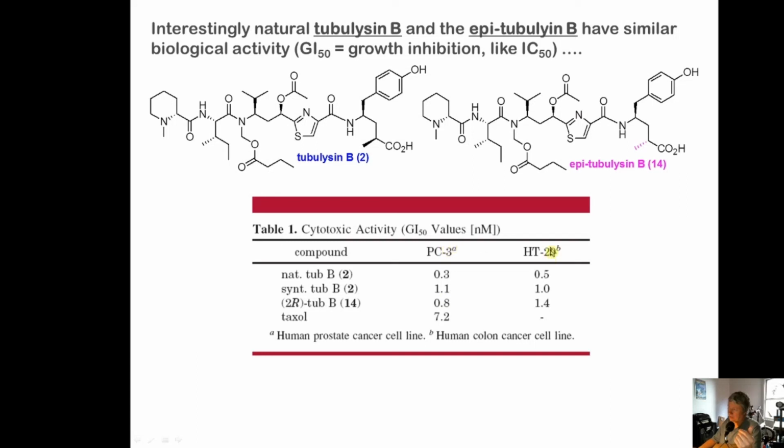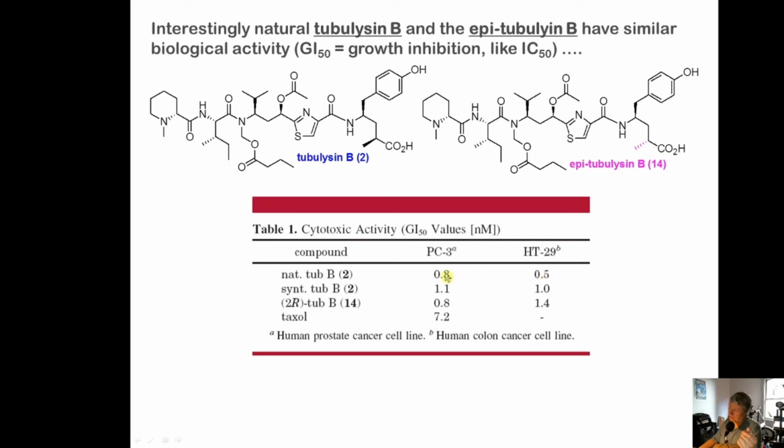cell line, and this is a colorectal cancer cell line, and they have natural tubulysin B. So they had natural and they had synthetic, and the natural one gave slightly, maybe a little more potent, I guess, than what they isolated.